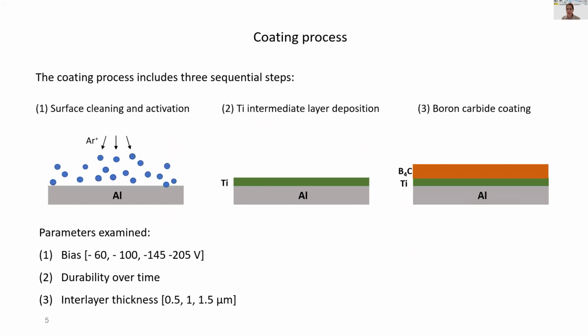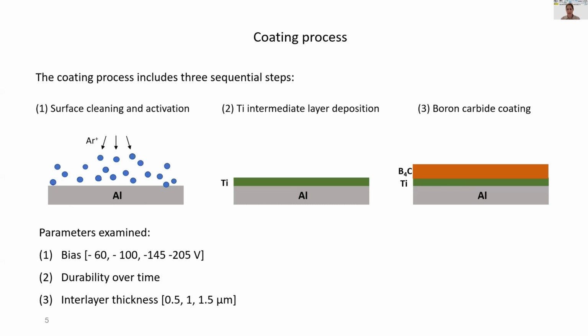The coating process includes 3 sequential steps. The first step is surface cleaning and activation. The second is the deposition of the titanium interlayer, an adhesive layer that prevents direct contact of the boron carbide coating with the aluminum and provides the gradual change of the thermal expansion coefficient. And the last step is the boron carbide coating.